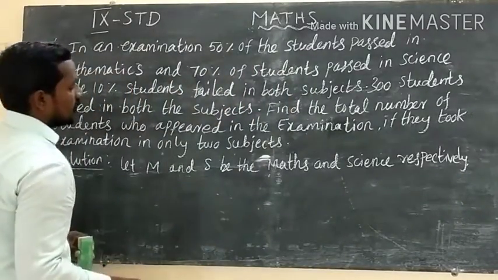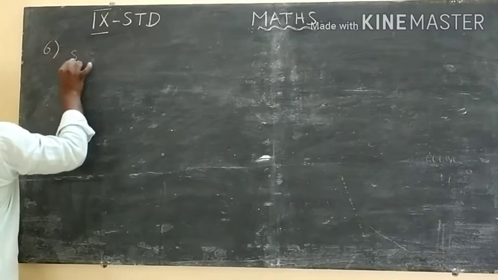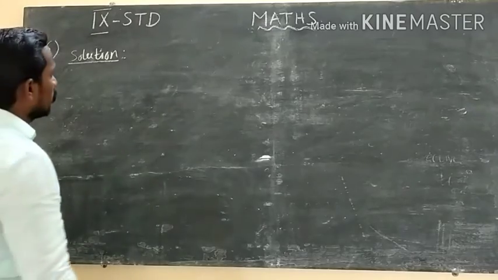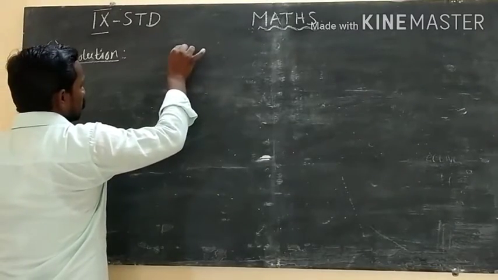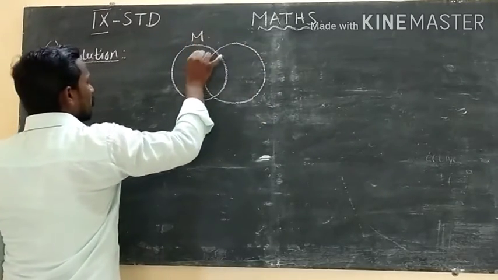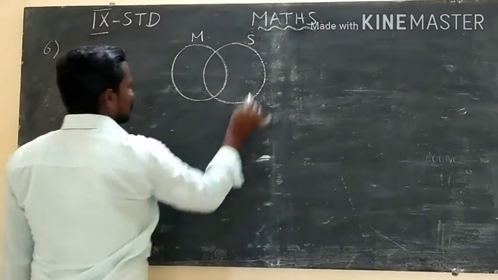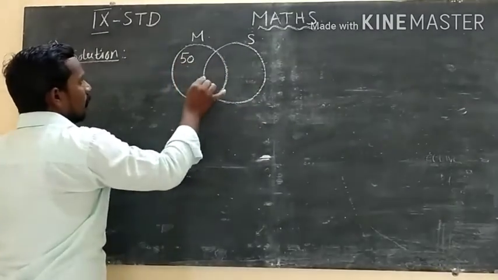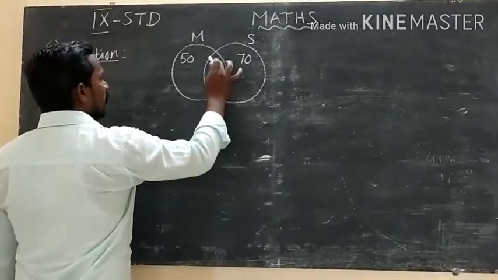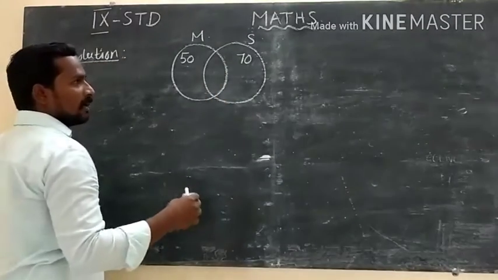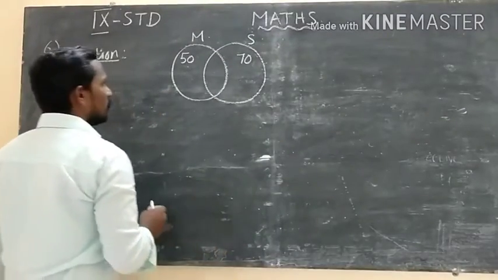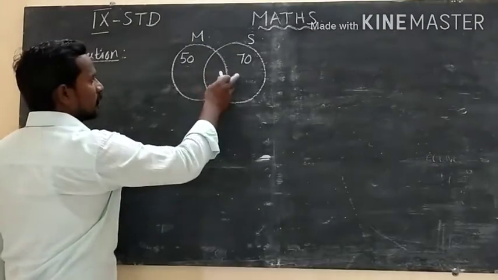Next, from the information, draw the Venn diagram. The first circle represents mathematics, the second circle represents science. 50% passed in mathematics and 70% in science. The intersection percentage is not given, but the intersection number of students is given: 300 students passed in both the subjects.